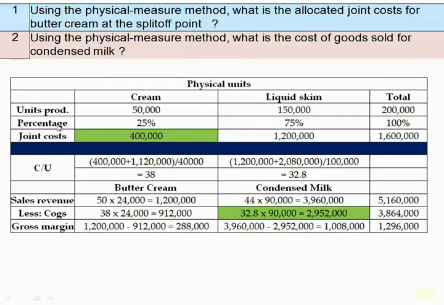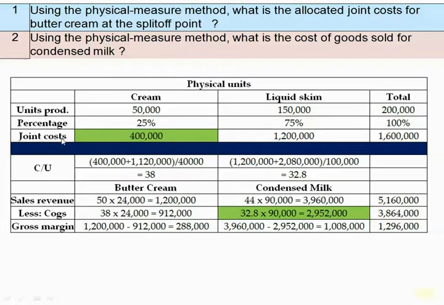For the percentage, 200,000 is 100%. So to calculate the percentage of cream, we divide 50,000 by 200,000, which equals 25%. Liquid skim, 150,000 divided by 200,000, which equals 75%.